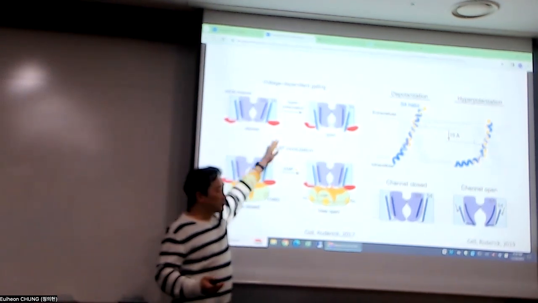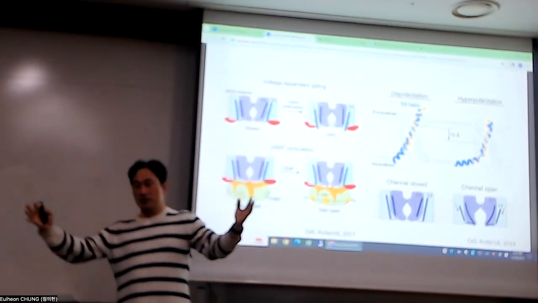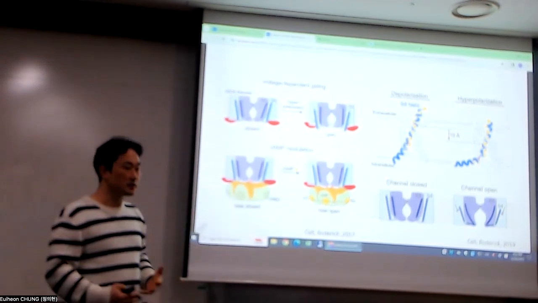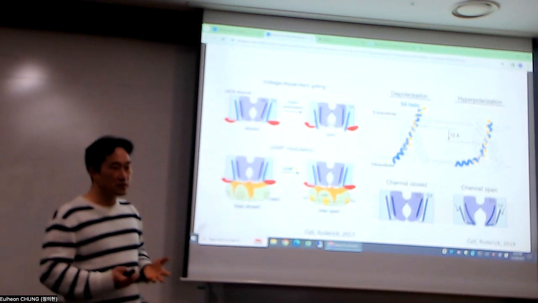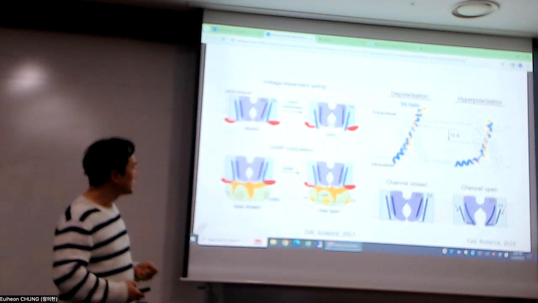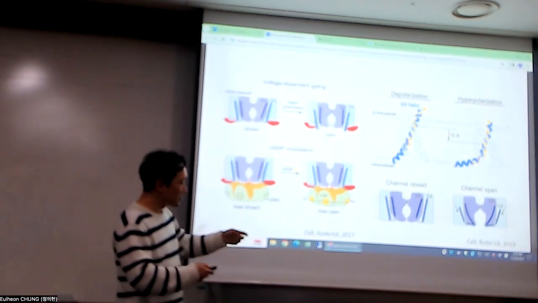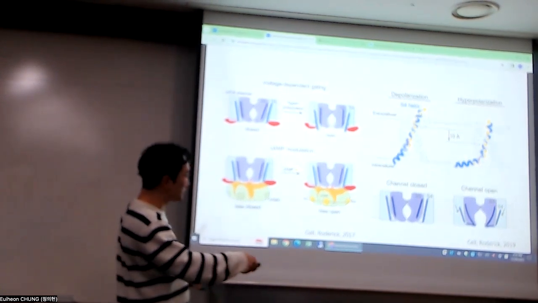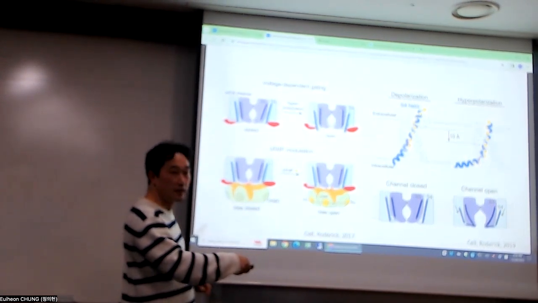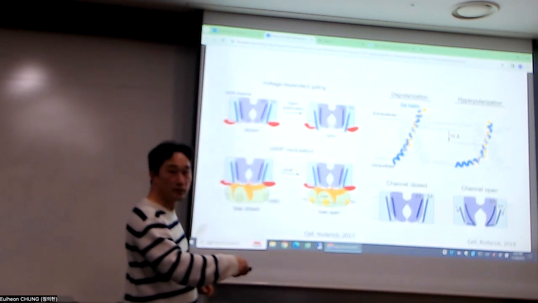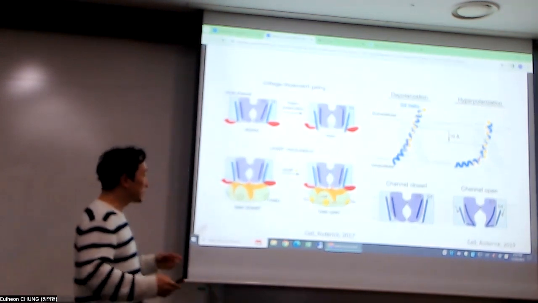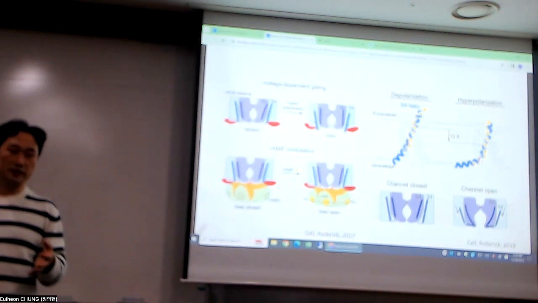So more likely this is a more general picture of the mechanism of the channel's operation. But this paper is more specialized for the gating needed by S4. Okay, so I combined these two papers.